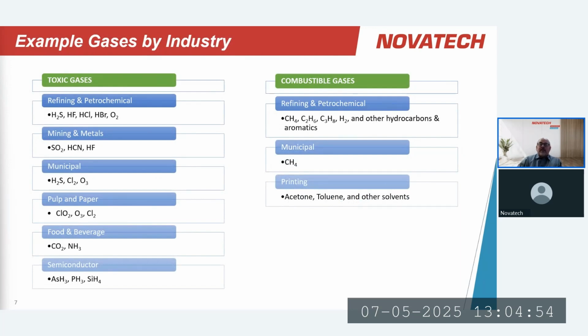Toxic gases exist, again, in many more industries than the flammable gases, such as pulp and paper, food and beverage, et cetera. But combustibles and toxic can exist in the same industries. Refining is a perfect example where you may have flammable gases and toxic gases present at the same time or in close proximity to one another.